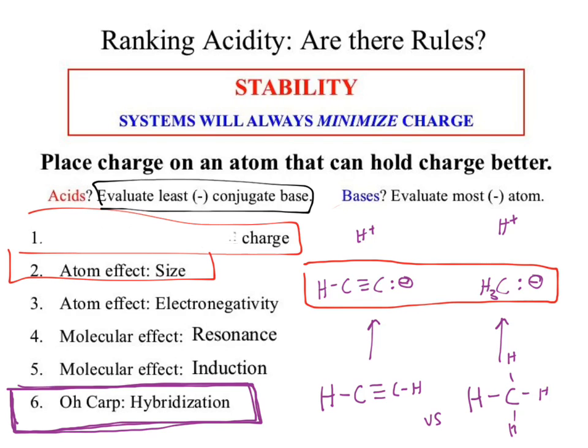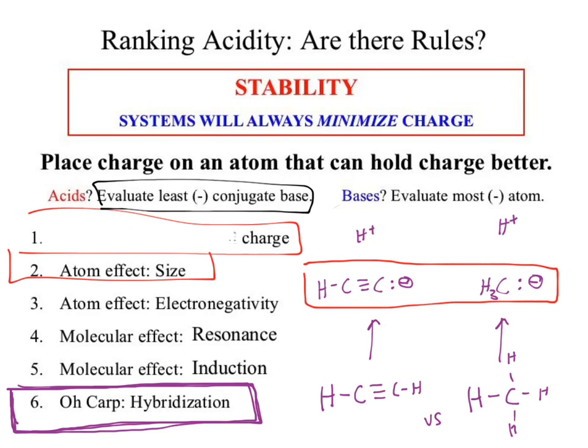S is lower in energy. Why is it lower in energy? It's closer to the nucleus. So the more S character you have, you are effectively holding the electrons tighter. Oh, that kind of matches the definition of electronegativity. The sp atom has a higher effective electronegativity than the sp3.